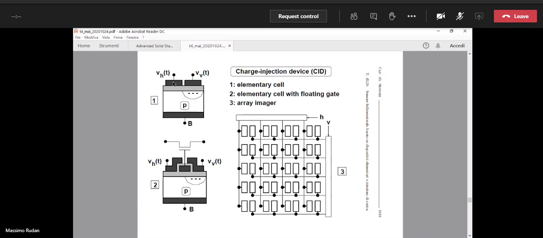So it is an incredibly efficient method to read the charge. So we have achieved the non-destructive reading of the charge thanks to the floating gate operation. So this architecture of the CIDs is really very efficient and very widely used in the applications to optical sensors.